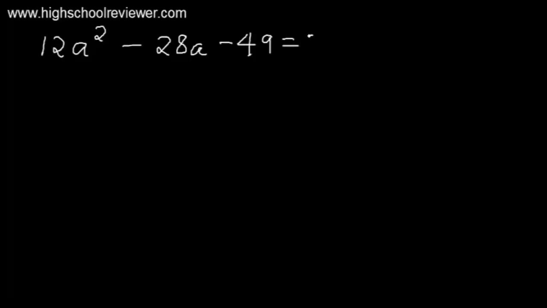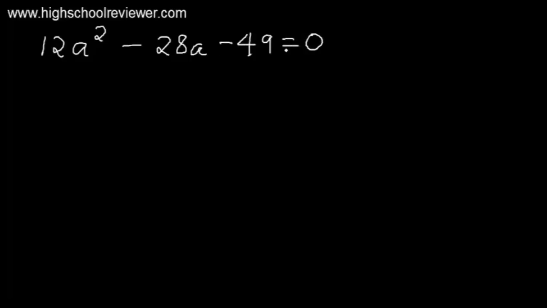Our next problem, we have positive 12a squared minus 28a minus 49 equals to 0.